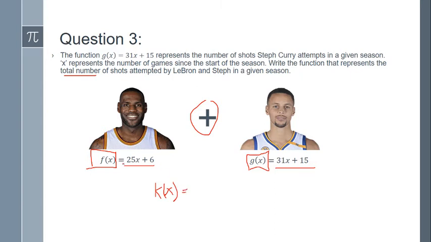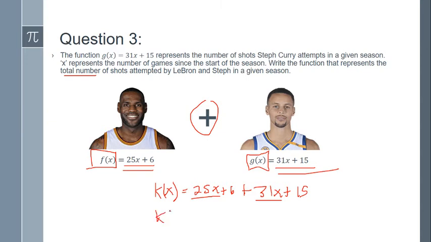I need to add the two functions together. So I need to add what I'm underlining here to this one. It'd be like writing 25x plus 6 added to Steph Curry's function, 31x plus 15. Then, just like you've always done when you have like terms, you can combine them. Here are our x terms, 25x and 31x.